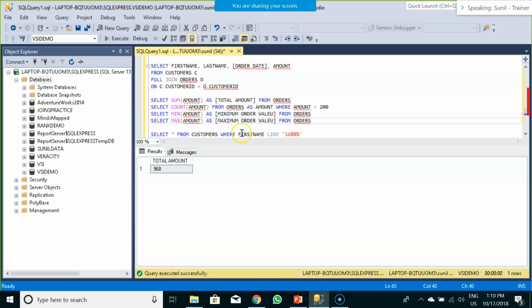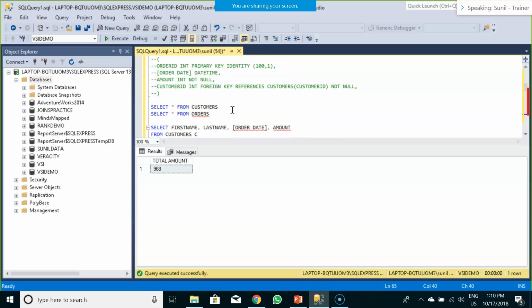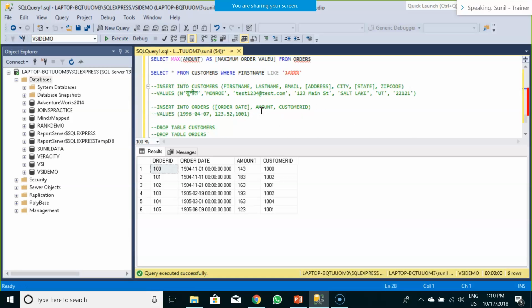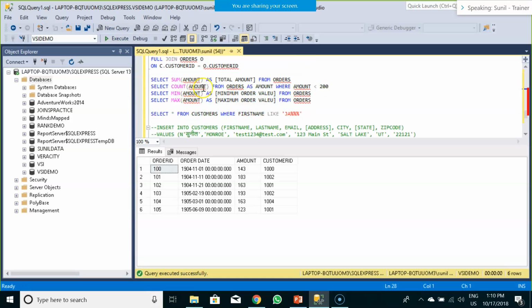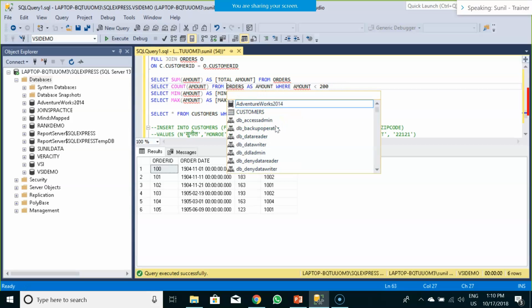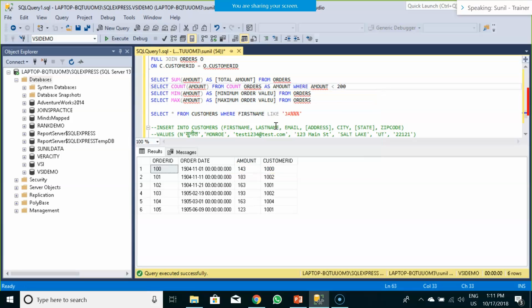968. Now, there could be a scenario in a particular order table wherein what I want to do is I want to count the amount from the orders table where the value of the amount is less than 200. So ideally, I am naming that particular column as orders, or let me name it as value count order value.